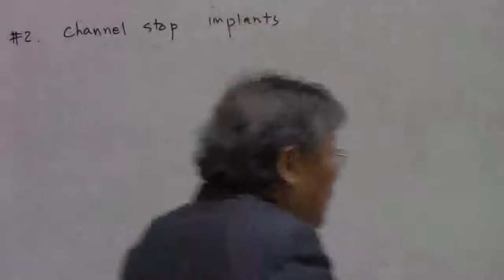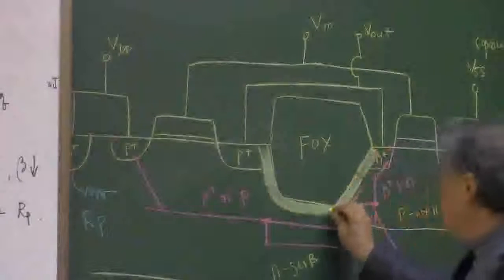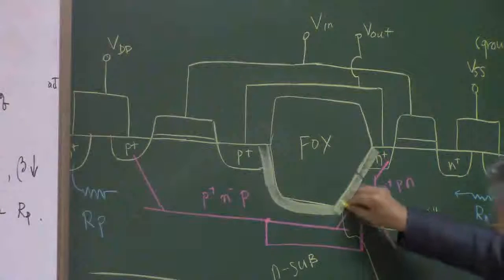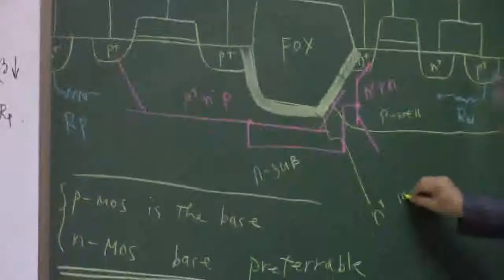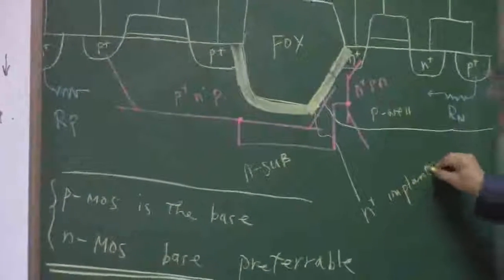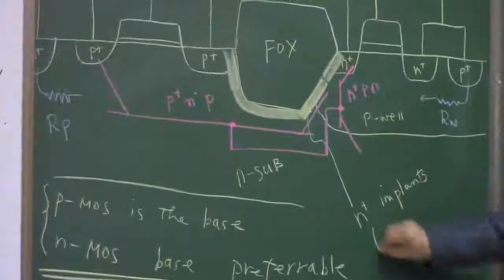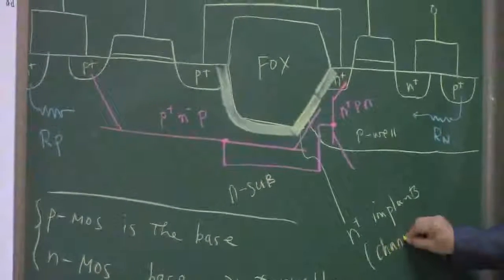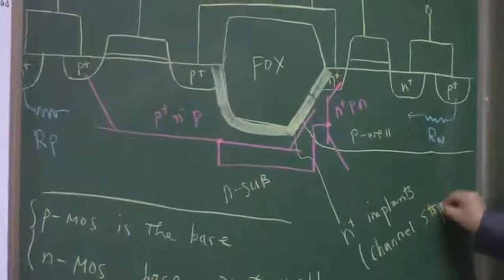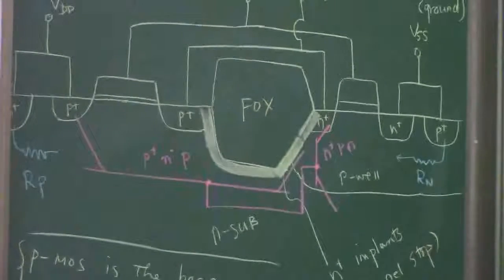Channel stop implants means that below this field oxide, we have an implantation to make an N plus, that is going to be N plus implants. And this is called the channel stop. Okay?